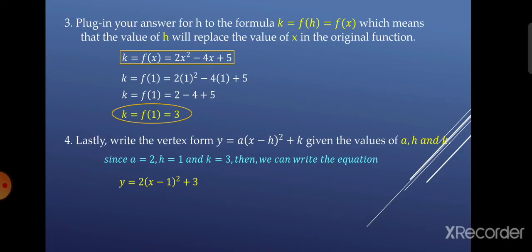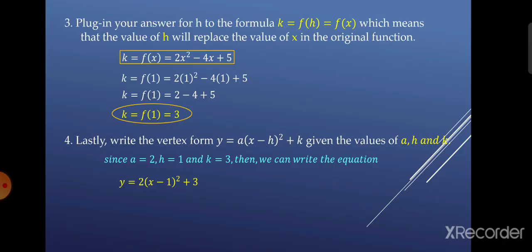So y is equal to 2 times x minus 1, squared, plus 3. If the value of h is positive, it stays minus, since it is positive 1, so the operation x minus h does not change: x minus 1 only. Then k is positive 3, so plus 3.